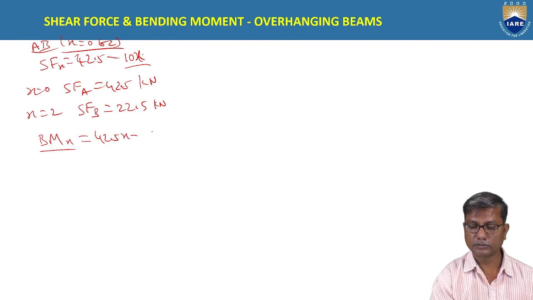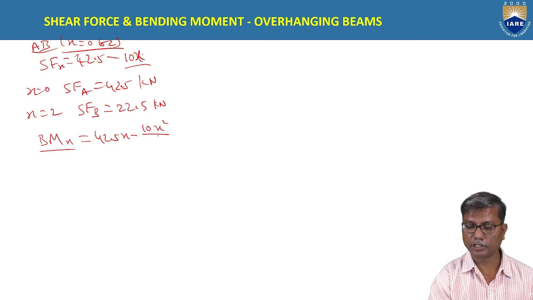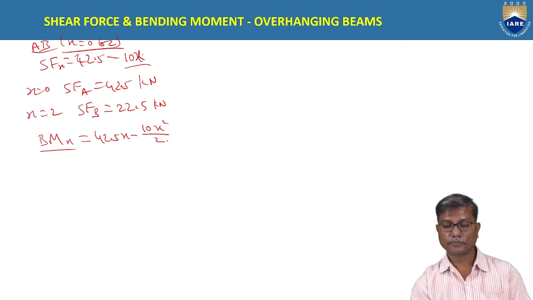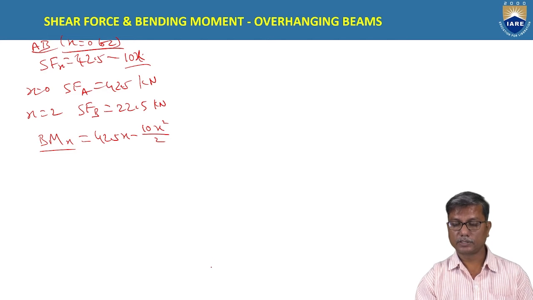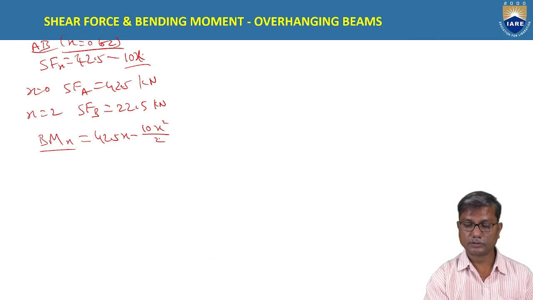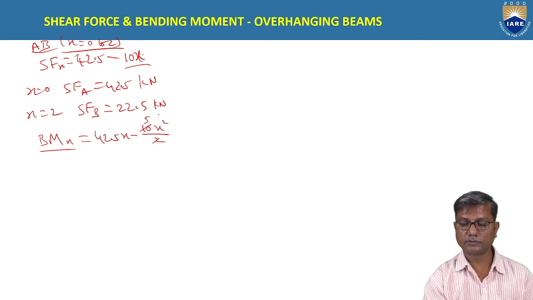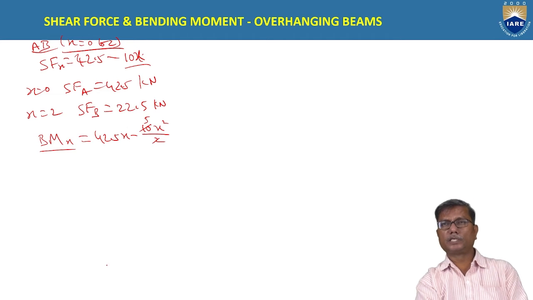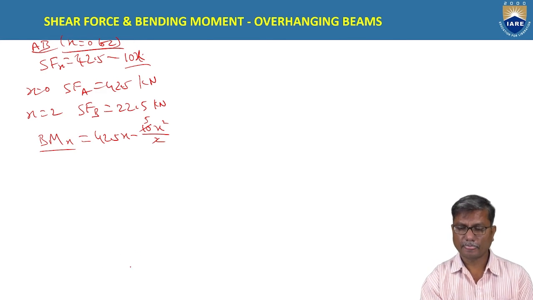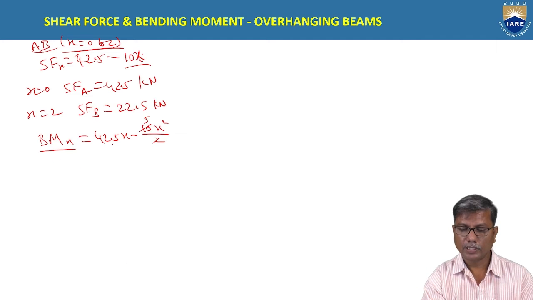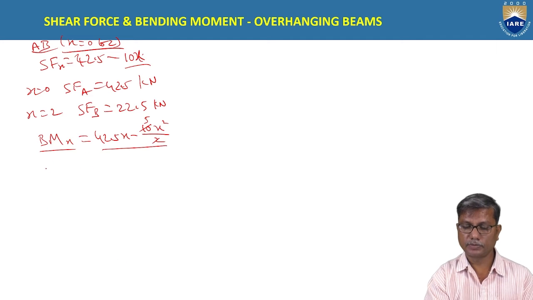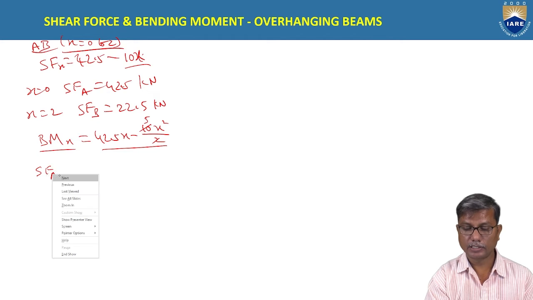Next, bending moment at X is 42.5 into x minus 10 into x into x by 2, that is 5x square. So 42.5x minus 5x square, and it varies parabolically if you observe.